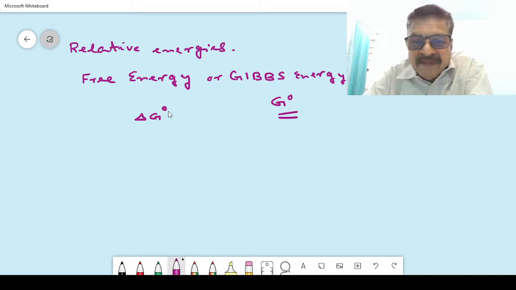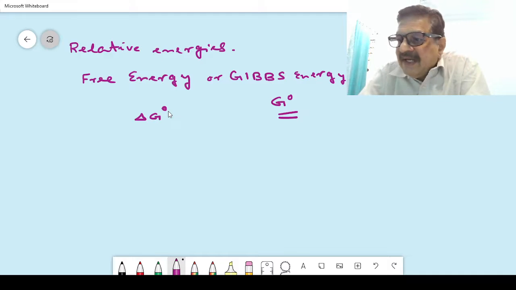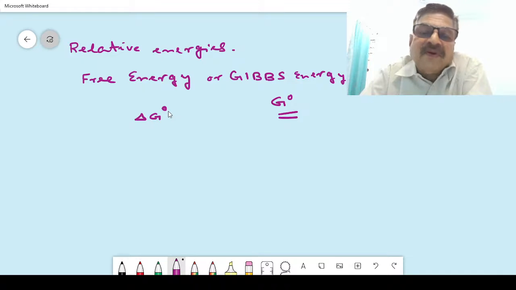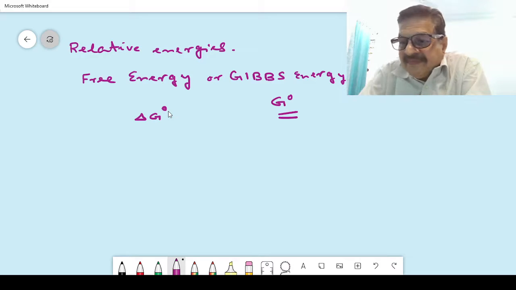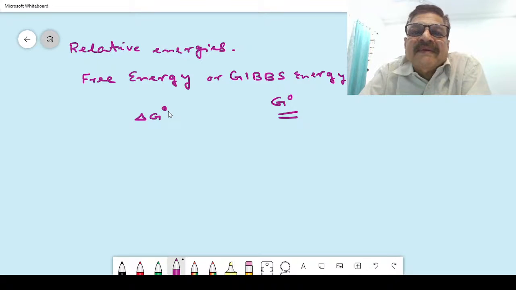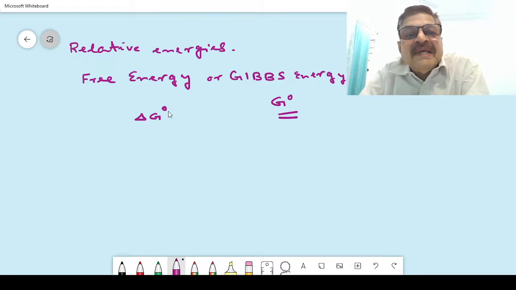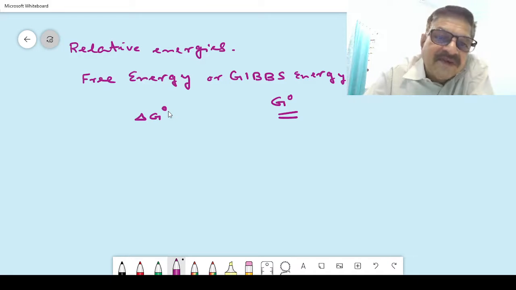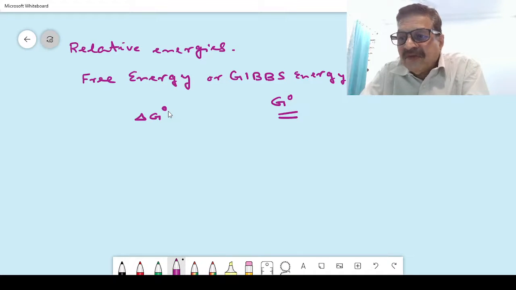It will determine whether the starting material is favored or the products are favored at equilibrium. So we should know which is being favored at equilibrium, whether the formation of the product is favored or whether the reactants are favored. What determines that? It is the relative energies of the reactants and the relative energies of the products.